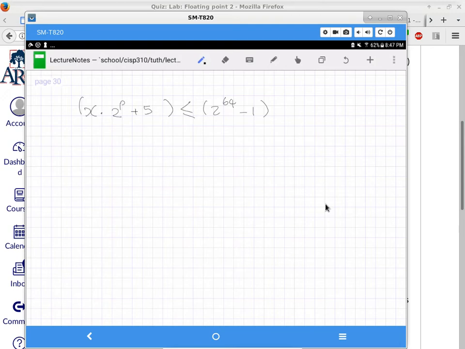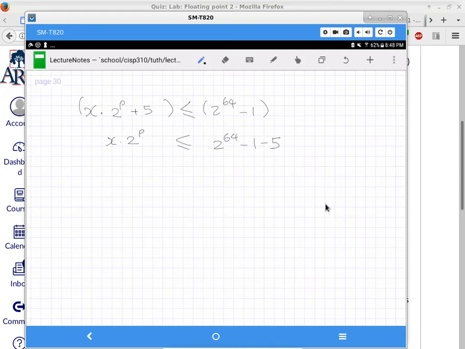Looking at this inequality, it's the same thing as x times 2 to the power of p being less than or equal to 2 to the power of 64 minus 1 minus 5. In other words, I'm just subtracting 5 from both sides. Is that okay? So this way, the left-hand side looks clean.